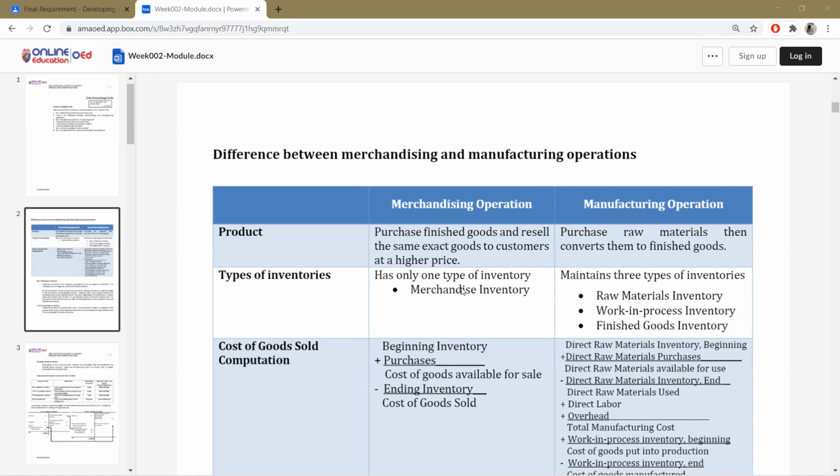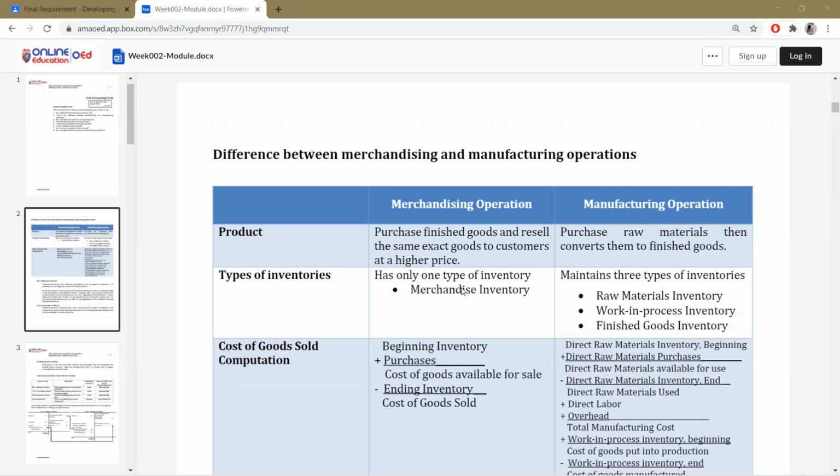On the other hand, if we talk about the manufacturing operation, there are three different types of inventories. One is the raw materials inventory. These are the products or inventory that we are purchasing from the supplier.